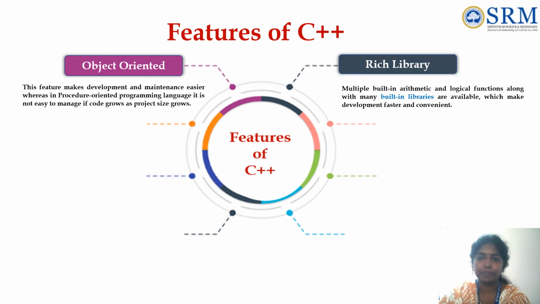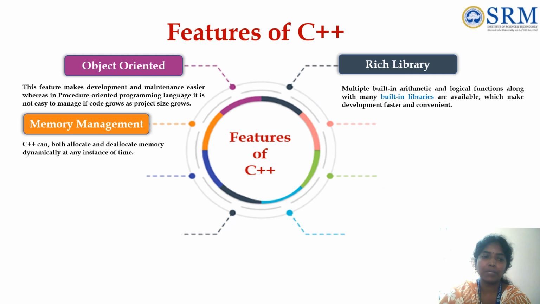Rich library. Multiple built-in arithmetic and logical functions along with many built-in libraries are available, which makes development faster and convenient. Memory management. C++ can both allocate and deallocate memory dynamically at any instance of time.